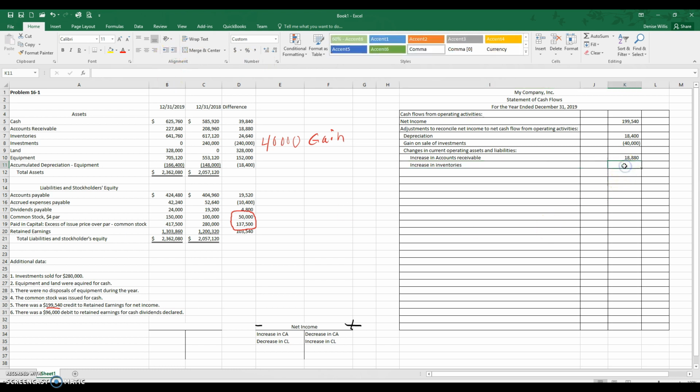Okay, that equals this amount right here. Okay, we handled our current assets, going down to our current liabilities. Accounts payable had an increase. I said accounts receivable, I meant accounts payable. So that equals this amount right here.